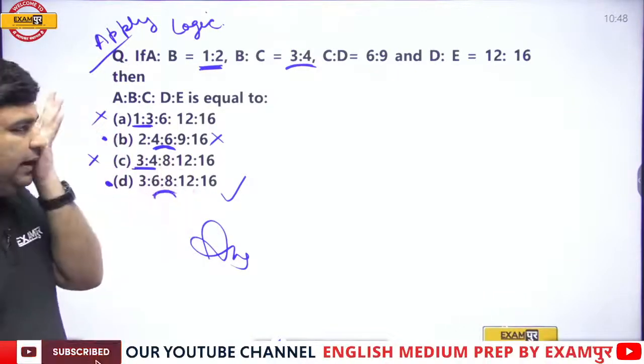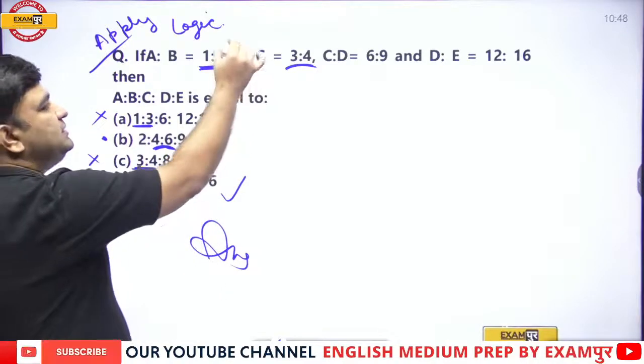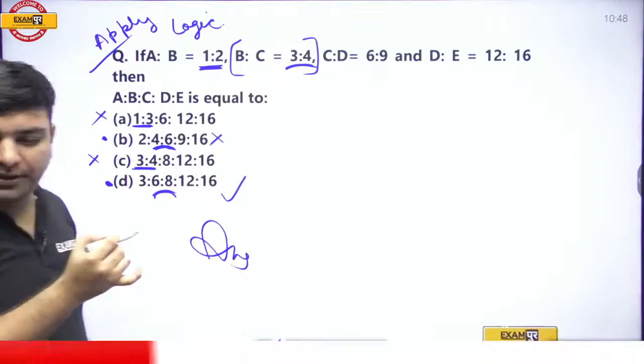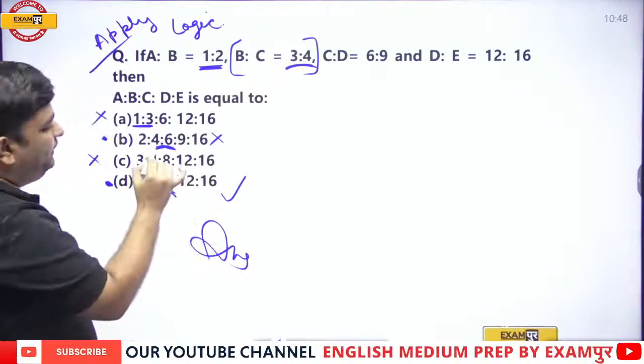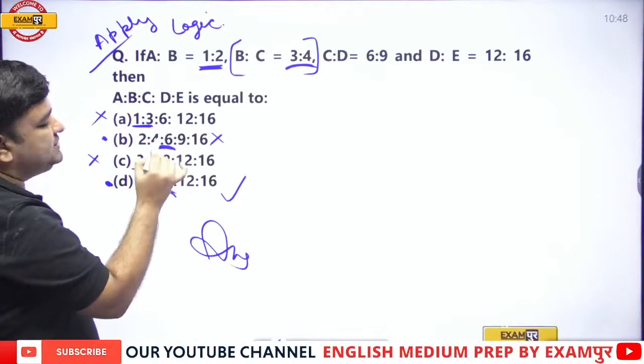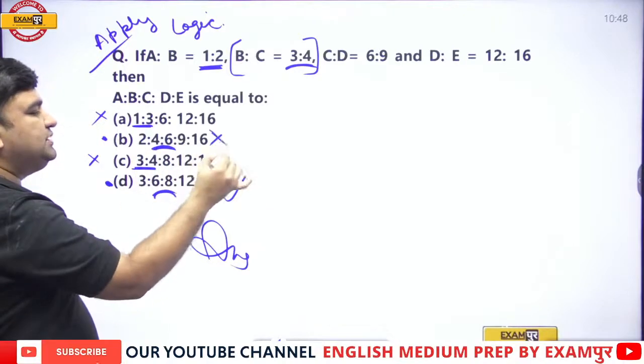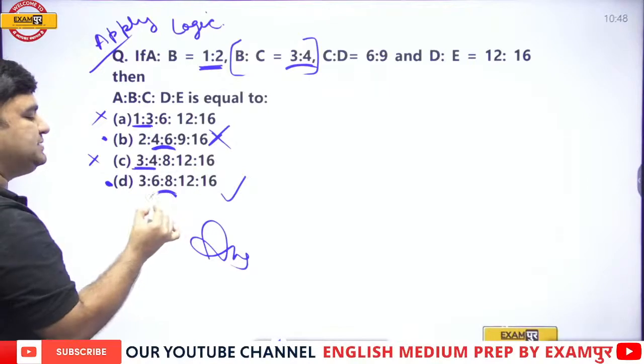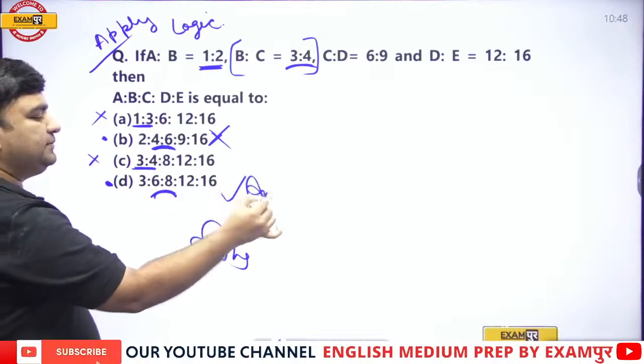Two options were remaining, so now we check B ratio C. In option B, B ratio C is 2:3, so this is also gone. All three options are gone. Only one is remaining, so that is our answer.